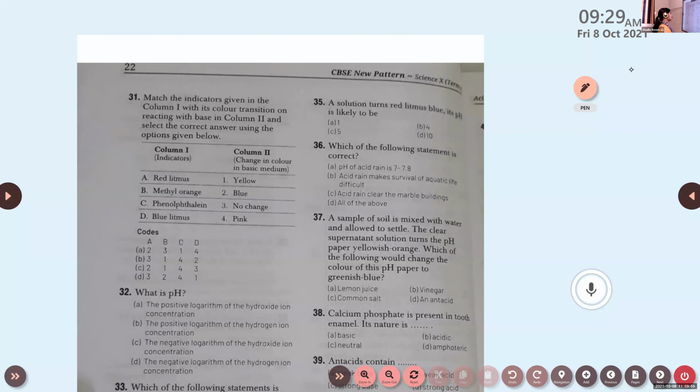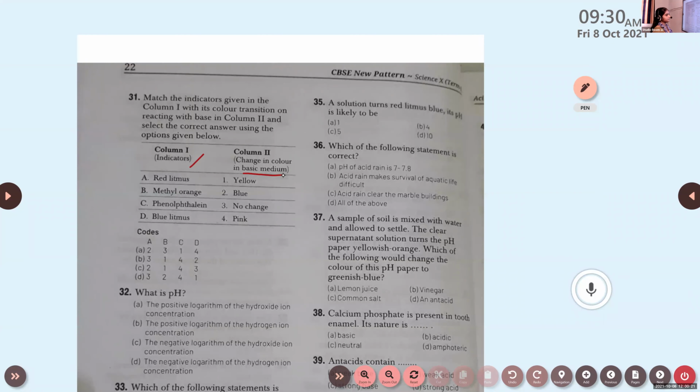Column 1 indicators: red litmus, methyl orange, phenolphthalein, blue litmus. And column 2, change in color in basic medium: yellow, blue, no change, pink. So these are the options.